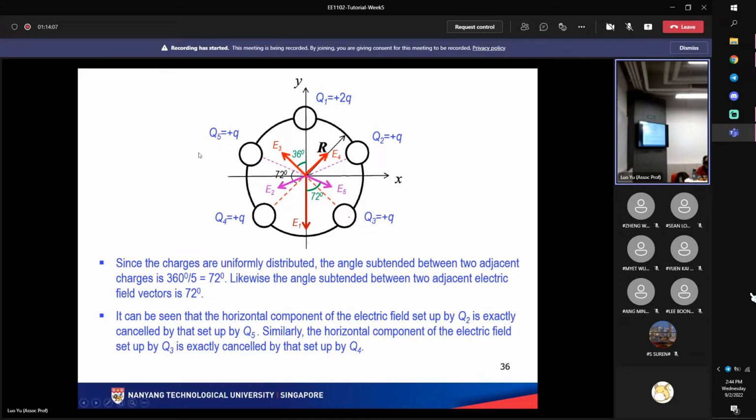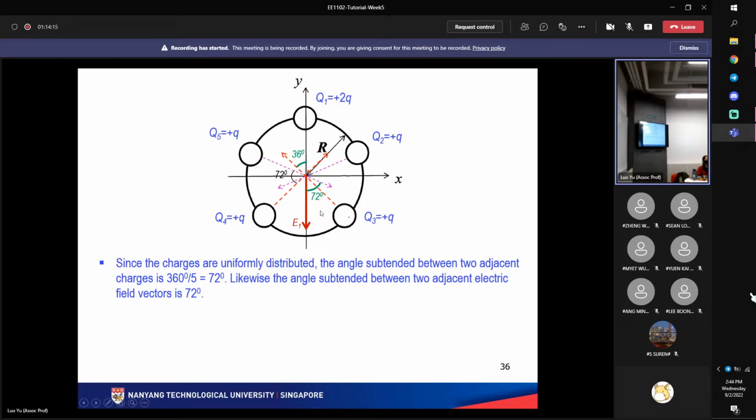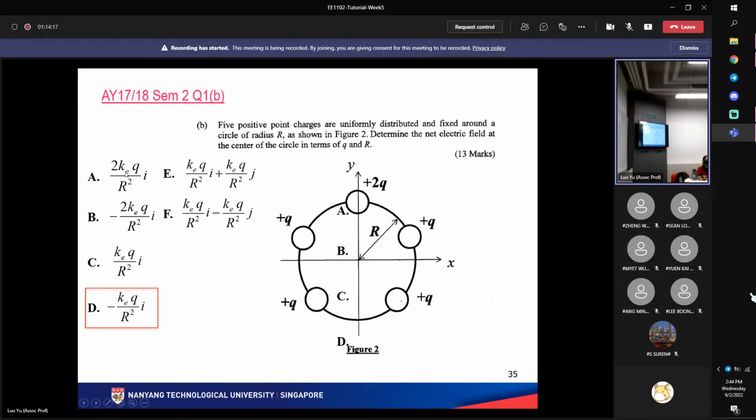Then you can ask which direction it points along the Y coordinate. E1 is 2kQ divided by R squared.